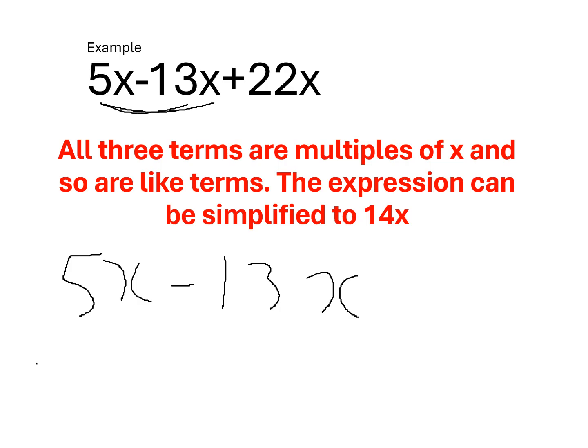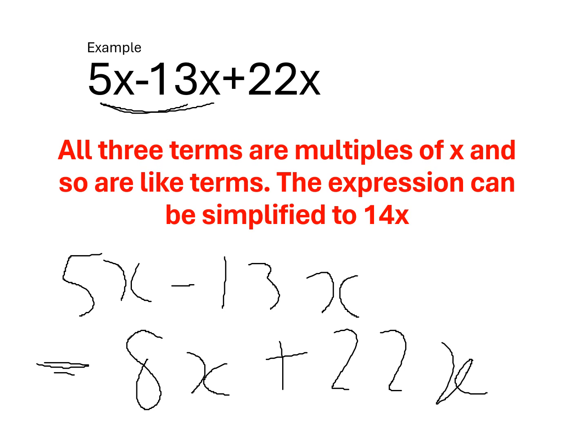So it would be negative, 13 minus 5 is 8, negative 8x plus 22x. Now, this is a negative 8x and a positive 22x, so we subtract and take the sign of the larger number, which is positive. So the answer is 14x, positive 14x.